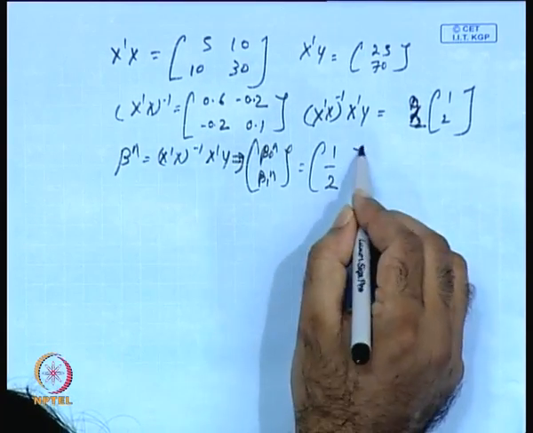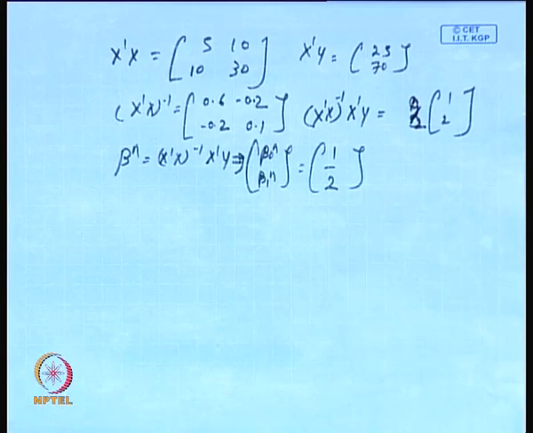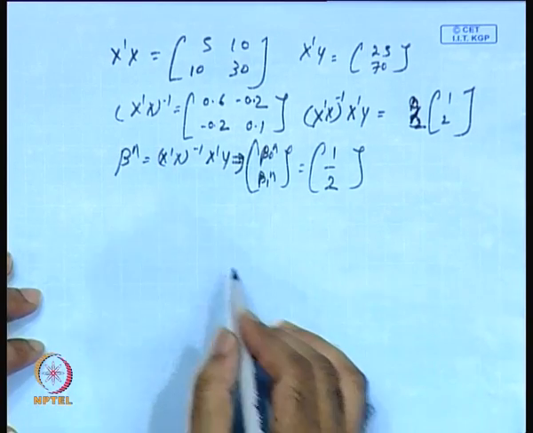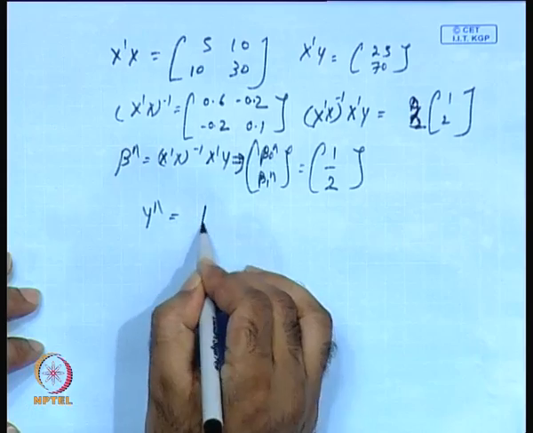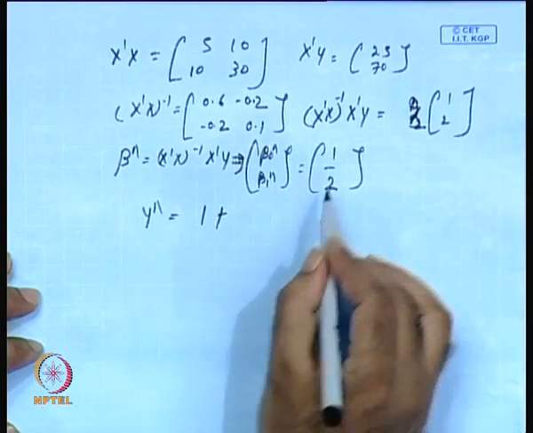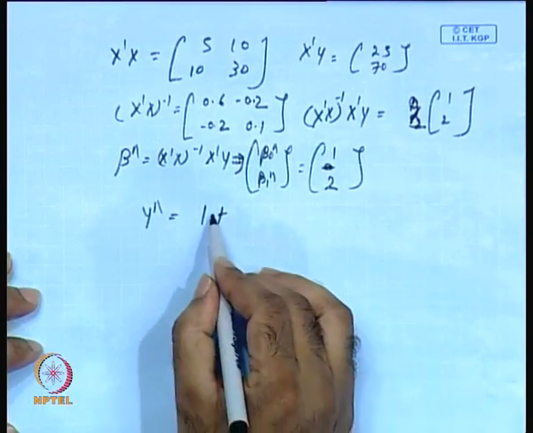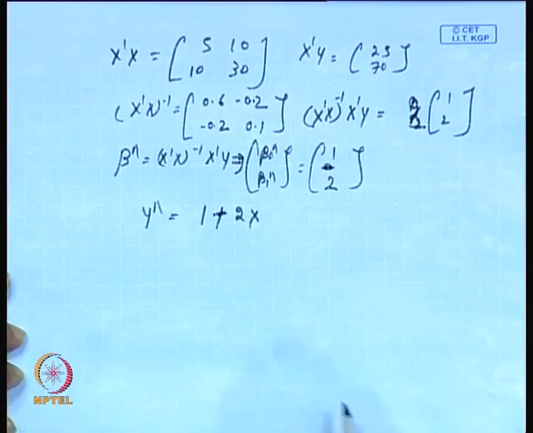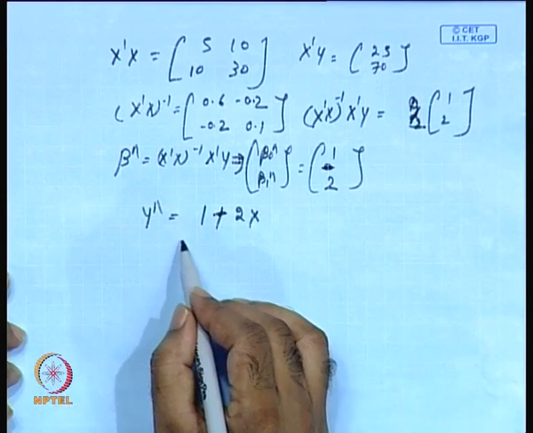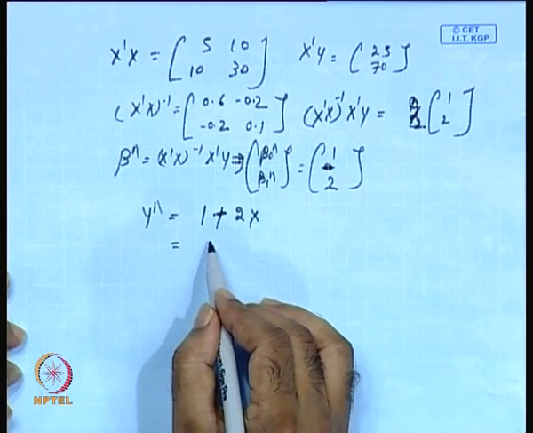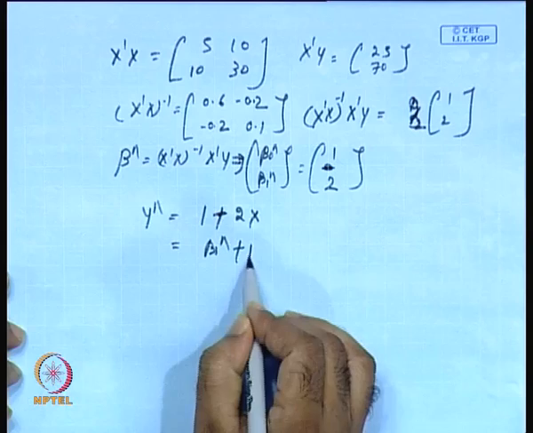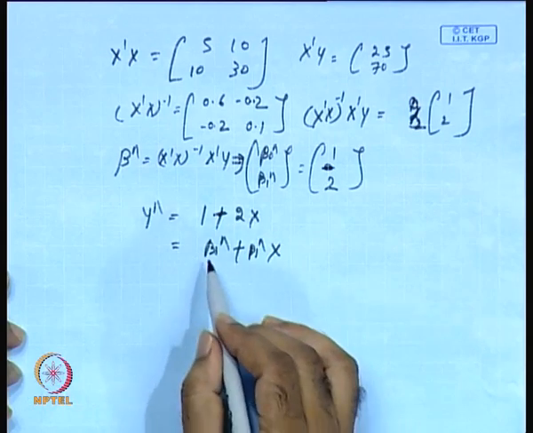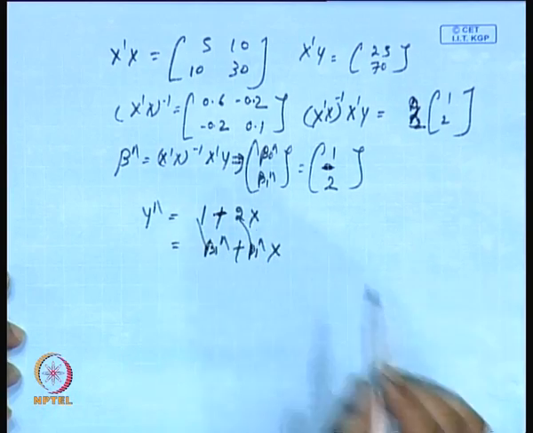So that means the estimated equation will be y head equal to 1 plus 2x. That is beta 0 head plus beta 1 head x, where beta 0 head is 1 and beta 1 head equal to 2.